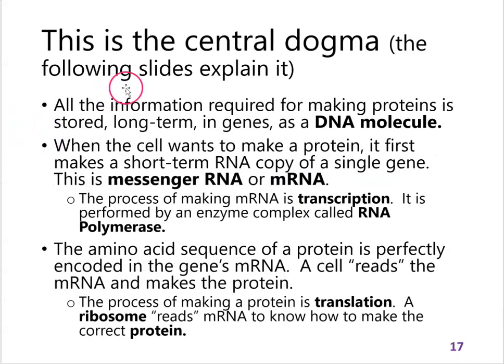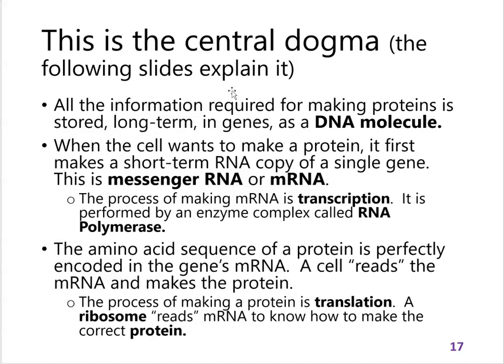So here's what it says. All the information in a cell that encodes what the cell is going to be, but mostly what proteins it makes, all that information is stored in genes in a DNA molecule. Okay, that's the first part of the central dogma of molecular biology, as we say all the information is stored in DNA. And if a cell wants to make a protein, it needs to decode that information. And what it has to do is get that information to the little machine that decodes it.